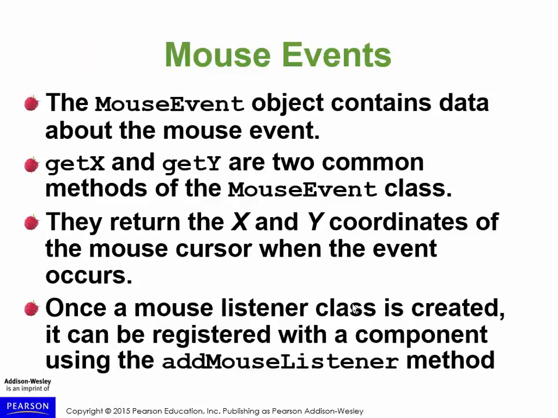As it says, the mouse event object contains data about the mouse event. Oftentimes you'll call things like getX and getY to find out exactly where you are on the screen, your X and Y coordinate position. Once a mouse listener class is created, it can be registered using the addMouseListener method.